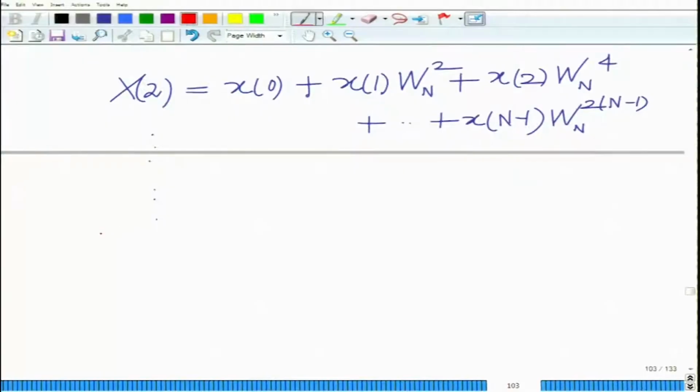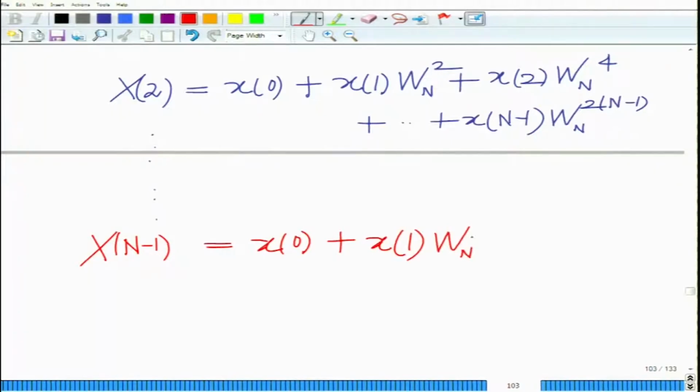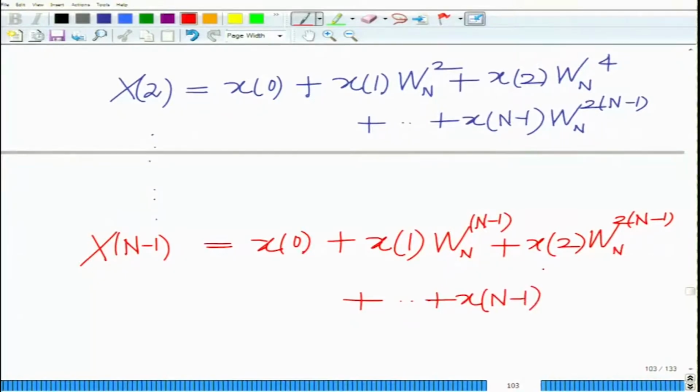And if you look at X of n minus 1, that is the nth DFT point, that is going to be x0 plus x1 Wn raised to n minus 1, plus x2 Wn raised to twice n minus 1, plus xn minus 1, k equals n minus 1, n equals n minus 1. So, that will be Wn raised to n minus 1 square.